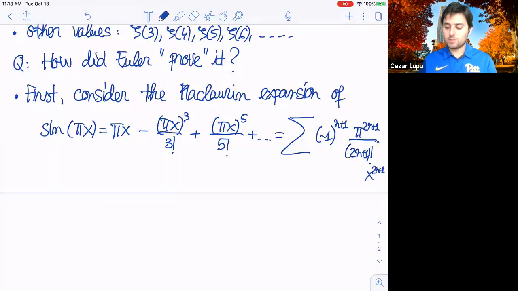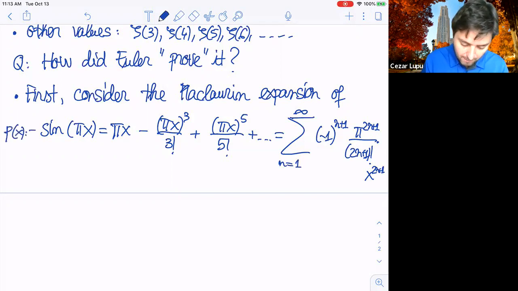Okay, so this is the power series, the Maclaurin expansion of sine of x, and of course the sum goes from n equals 1 to infinity. And what Euler did, and this is why it's wrong, he treated this like a polynomial. Let's just say this is p of x. So he was looking for the roots of this polynomial.